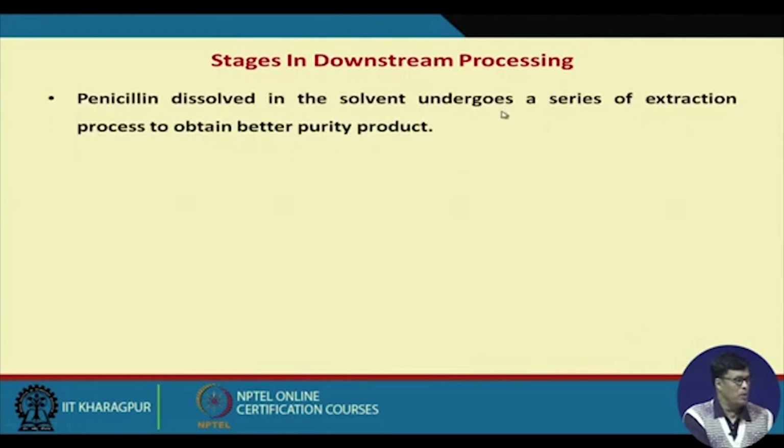Penicillin dissolved in the solvent undergoes a series of extraction processes to obtain better purity, because again we increase the pH using some aqueous buffer solution, so that the penicillin comes to the aqueous layer, and again it goes to the solvent layer. Like this we carry out the purification process.